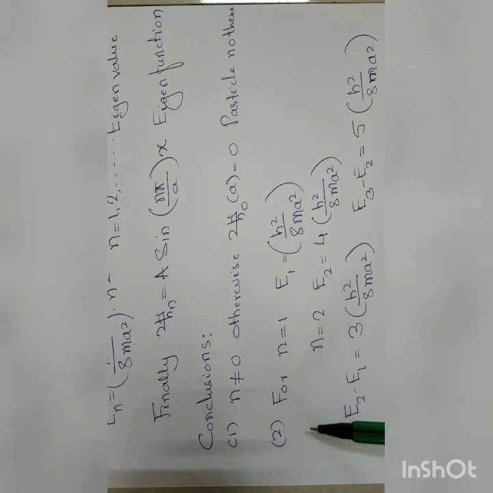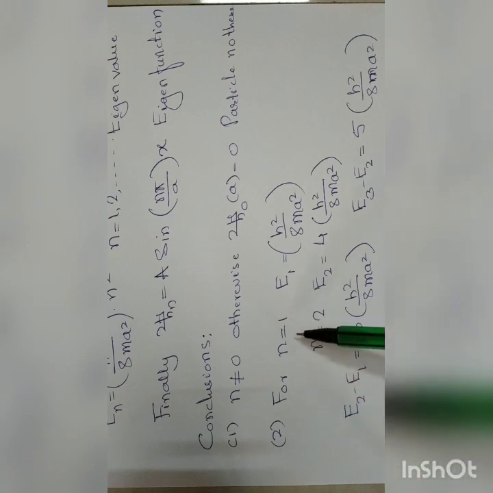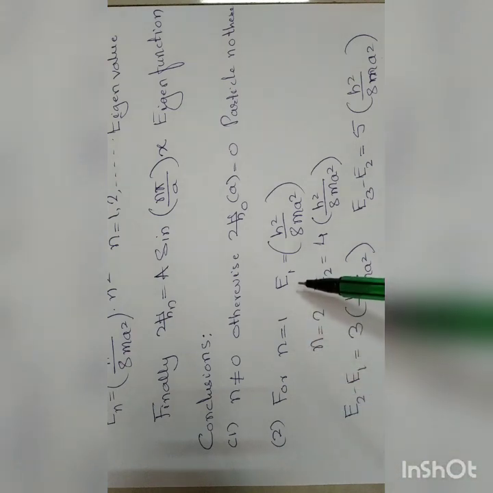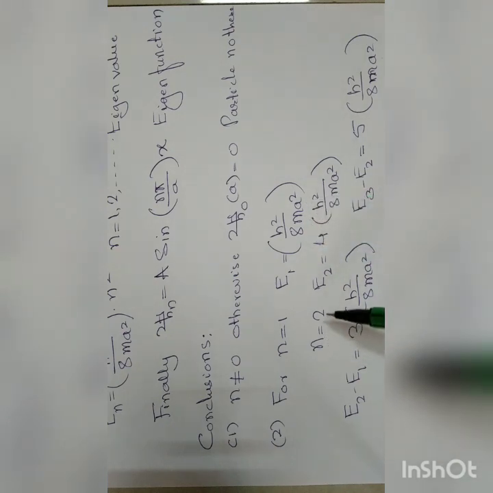The second conclusion is a very important conclusion. We put different values of n in the above equation. If I write the eigenvalue for n equal to 1, I can call it E1, that is equal to h square divided by 8m a square. If I put n equal to 2, there is a term n square, therefore that will become 4.